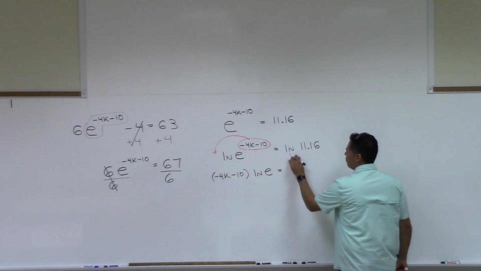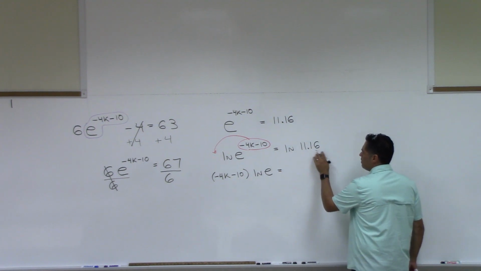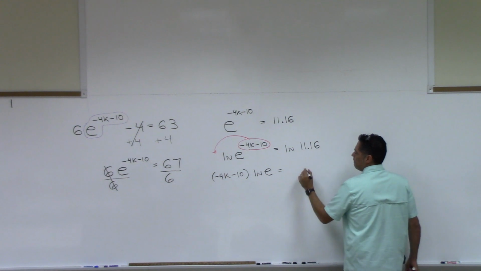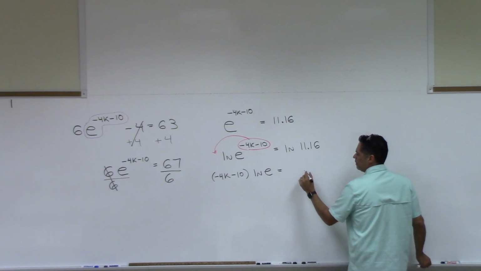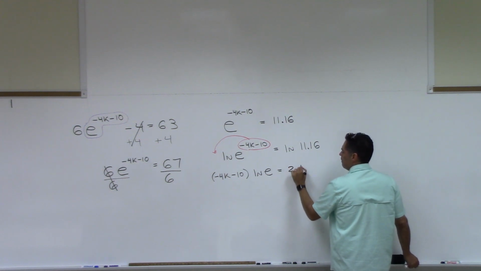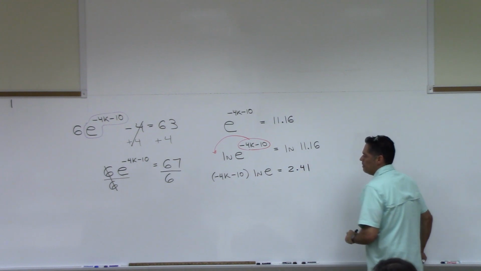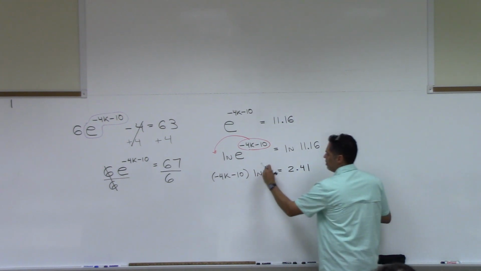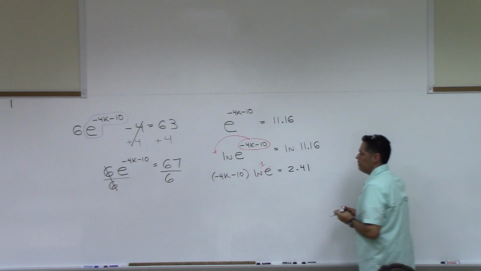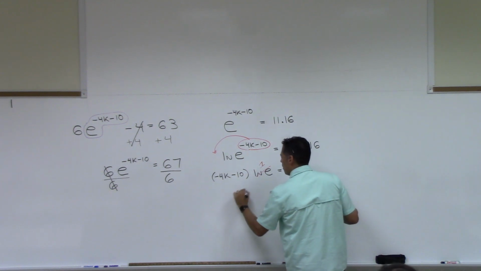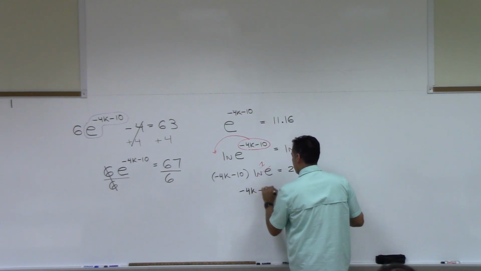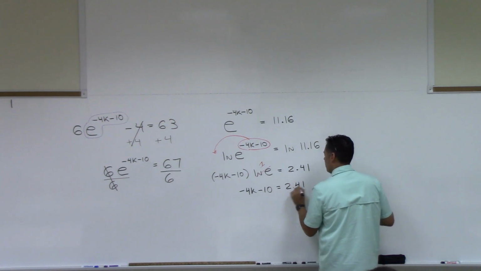All right, over here, natural log of 11.16 is 2.41. And then this is just 1. So negative 4k minus 10 equals 2.41.